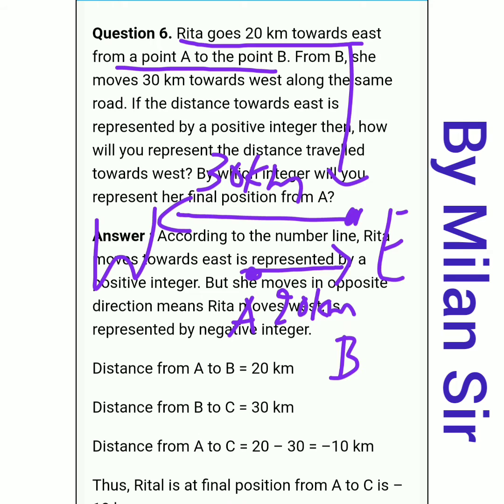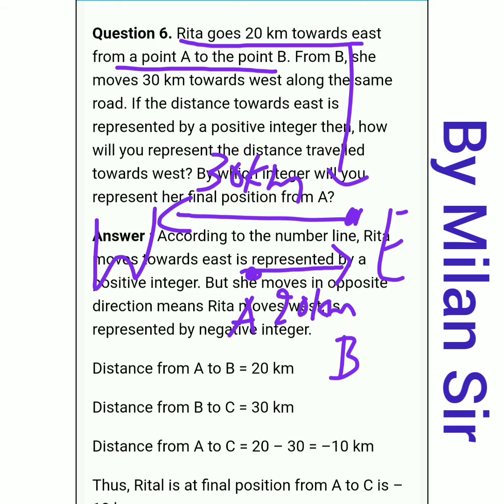Now we can assume a number line. In the number line, if we go towards the right hand side, our number becomes positive and the value of the integer increases. But if we move toward the left hand side, our number decreases. And 0 is our reference point.